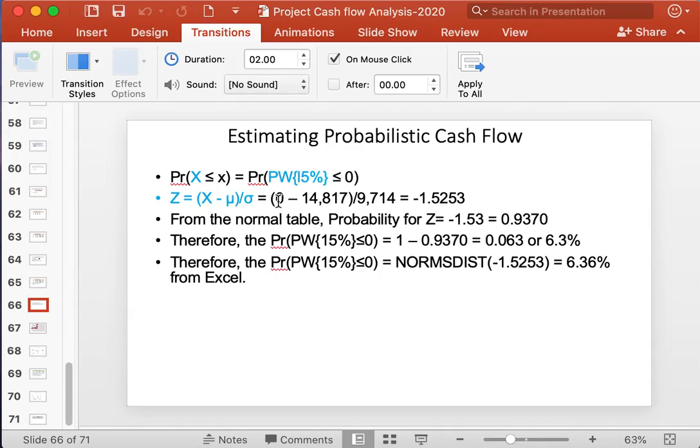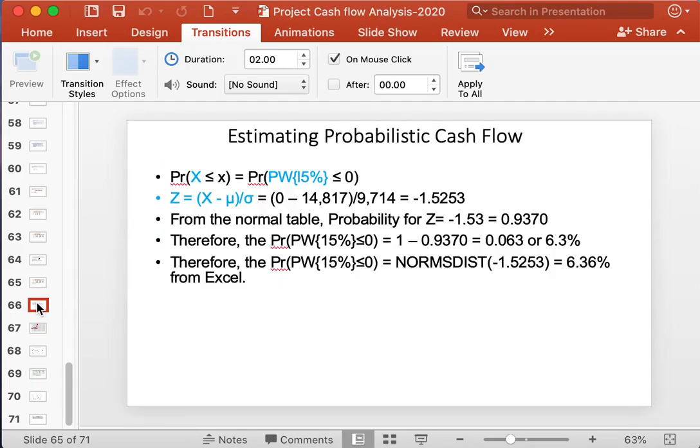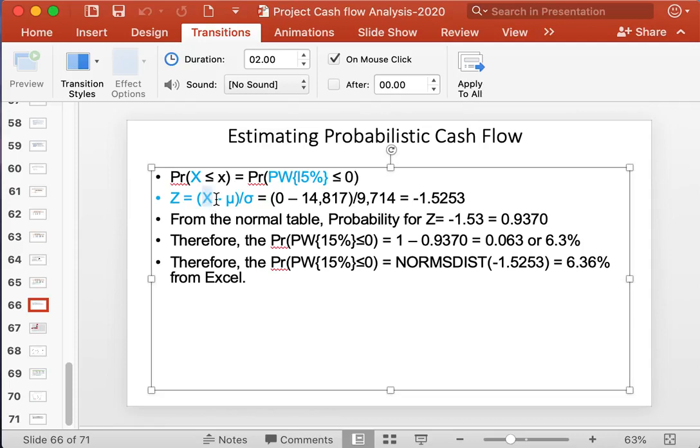So the probability of the expected present worth being equal to 0 minus the mean, which is 14,817 that we calculated here, that means what is the probability of the net present worth x taking on the value equal to 0?